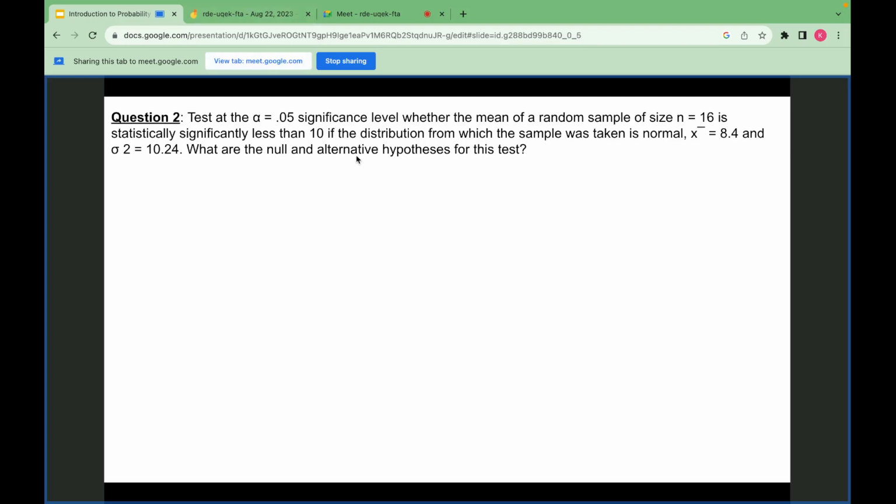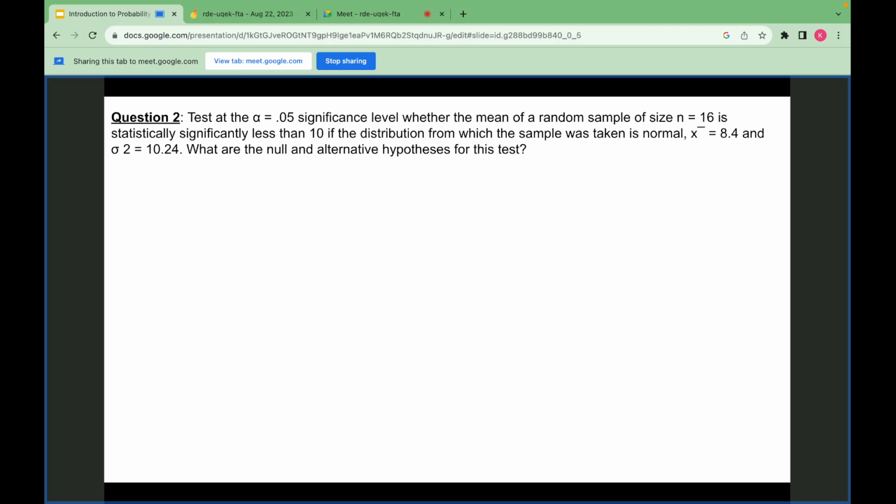Mu is less than 10. That is the null hypothesis. No. Actually, here we want to test whether it is significantly less than 10, right? Generally what we want to test is our alternate hypothesis.